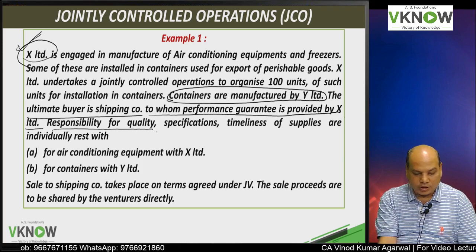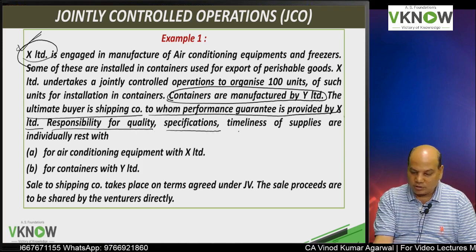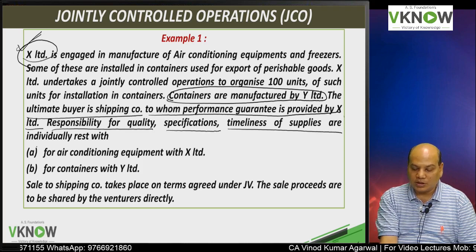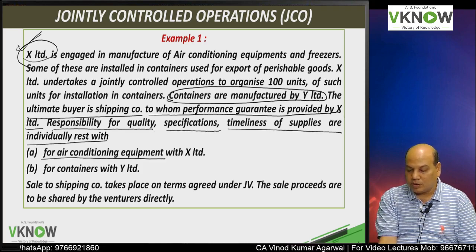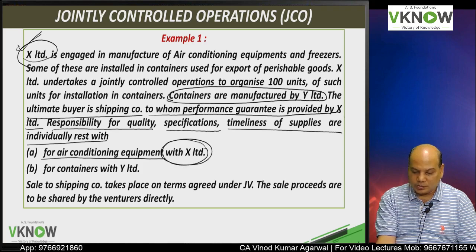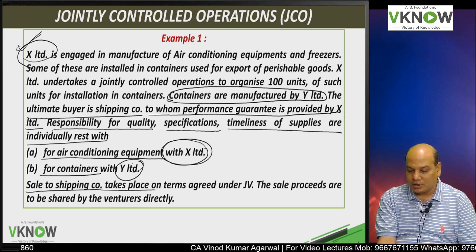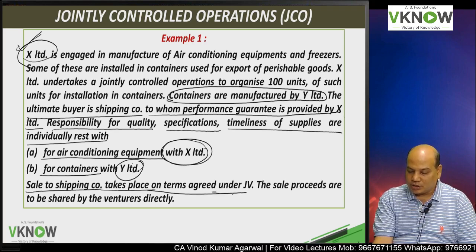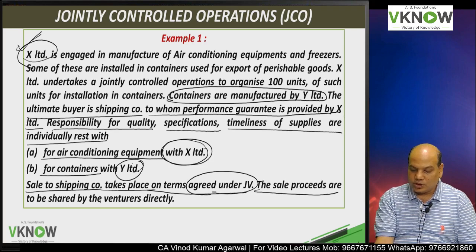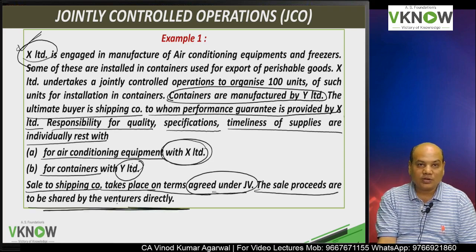Responsibility for quality, specification, timeliness of supplies are individually vested with each. For air conditioning equipment, X Limited is responsible. For container, Y is responsible. Sale to shipping company takes place on agreed terms under JV. Sale proceeds are shared by venturers directly.